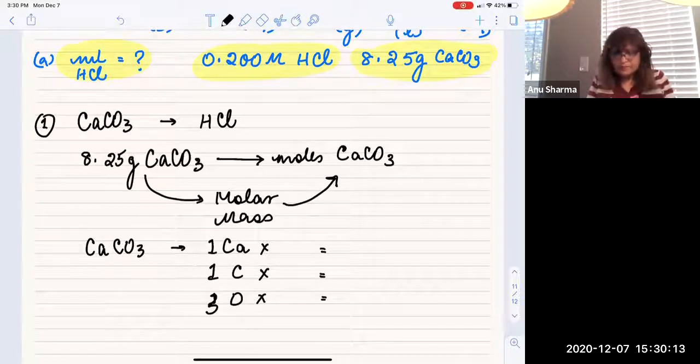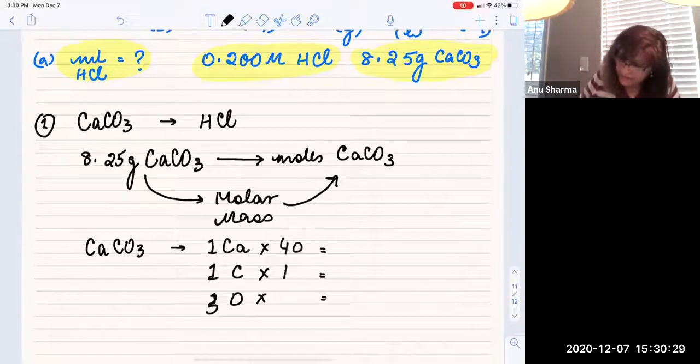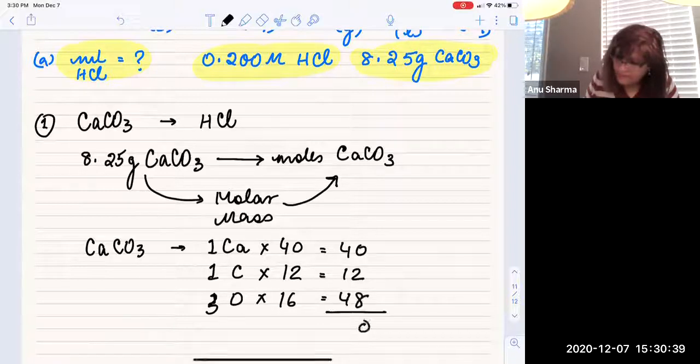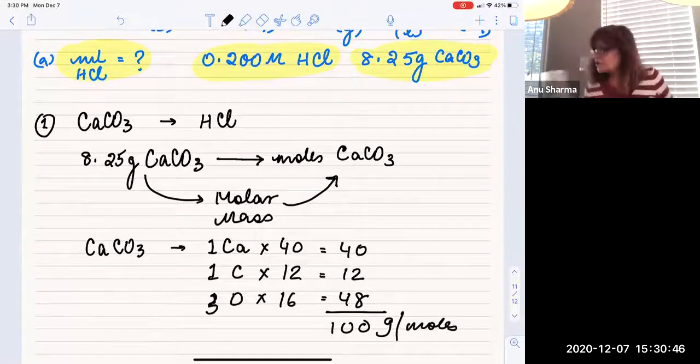Oh, sorry, 48 plus 12 plus 40. Okay, 100 grams per mole.